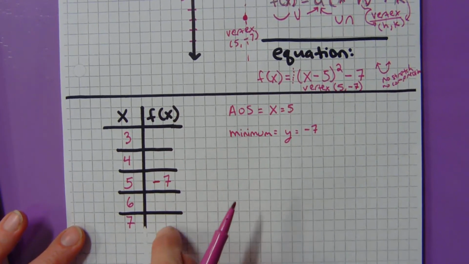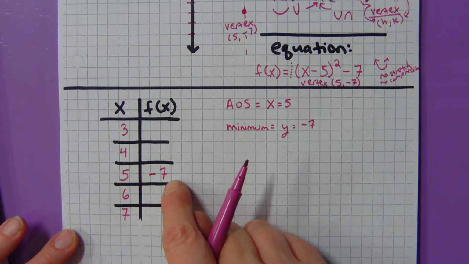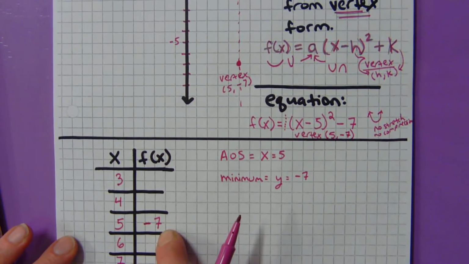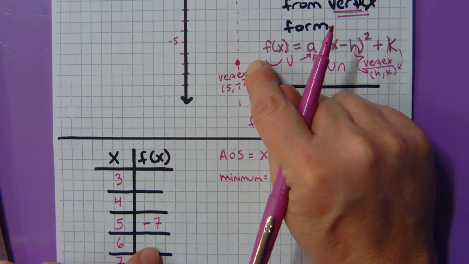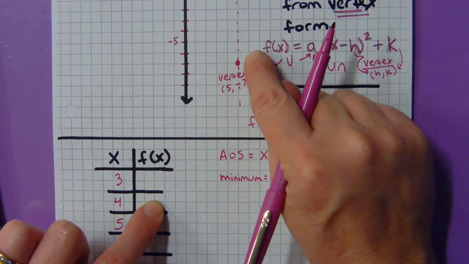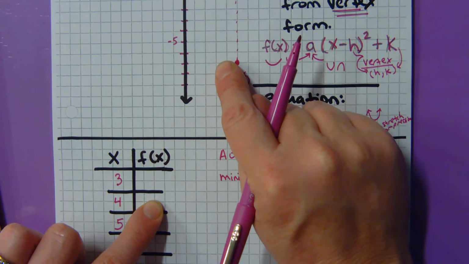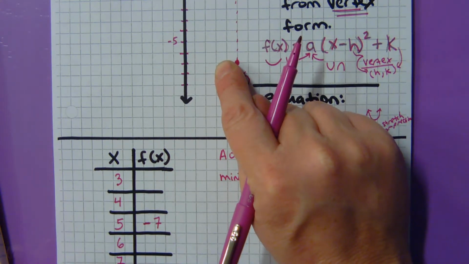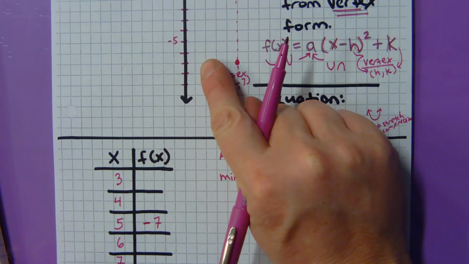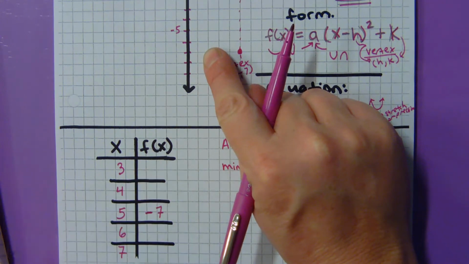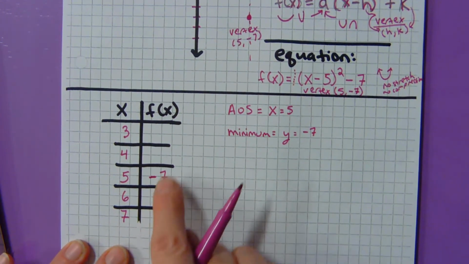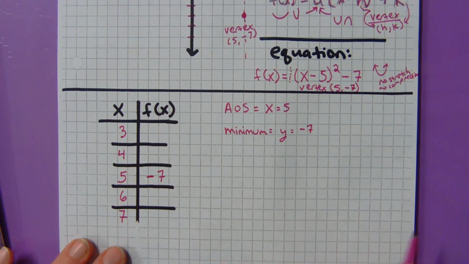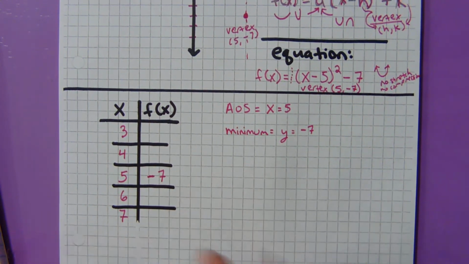I want to know what those numbers are, but they're reflected from 5. Whatever I get for 6 is going to be the same as for 4, because it's on the other side of the axis of symmetry. And whatever I get for 7 will be the same for 3. So I only do 2 problems to figure out these values, and then I'll be able to get it over there.